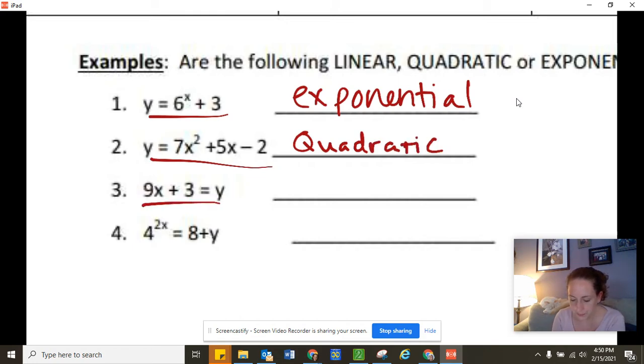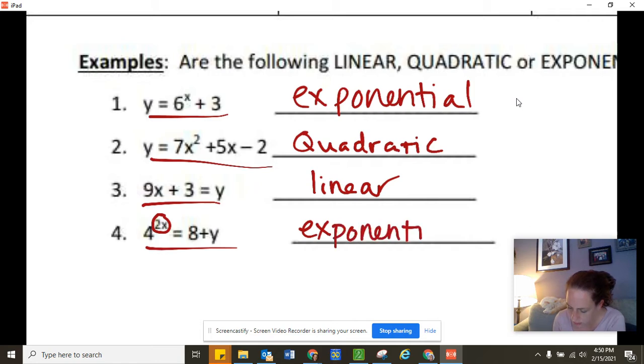In this one, I have an x, but there are no exponents, so this guy is linear. And then in this one, the only x is in an exponent. Now there's a 2 there too, that doesn't matter. It's still exponential. Okay, so that's how you would tell by looking at an equation.